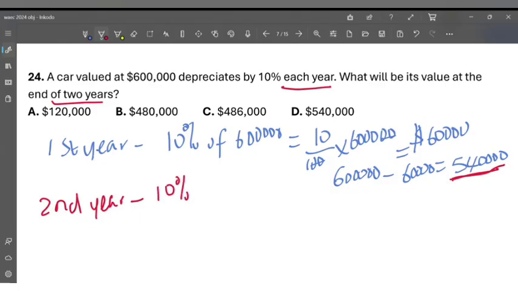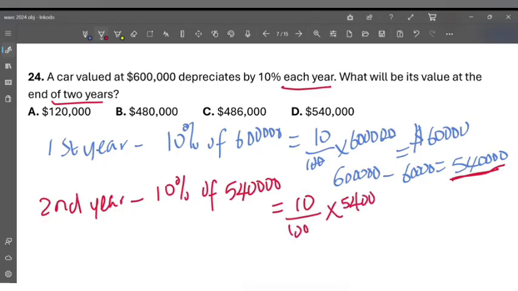So 10% of now 540,000, because that's now the new value. It's no longer worth 600,000. 10% of 540,000 is equals to 10 over 100 times 540,000. All right. So when you cancel out 10 here, 10 here, you are left with $54,000. So $54,000 is the value that has gotten off the price.